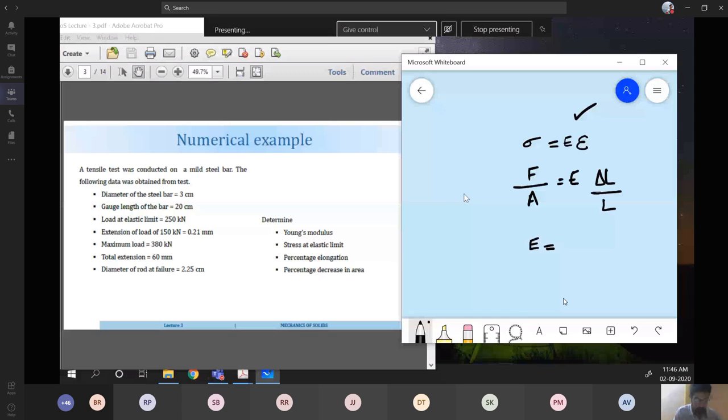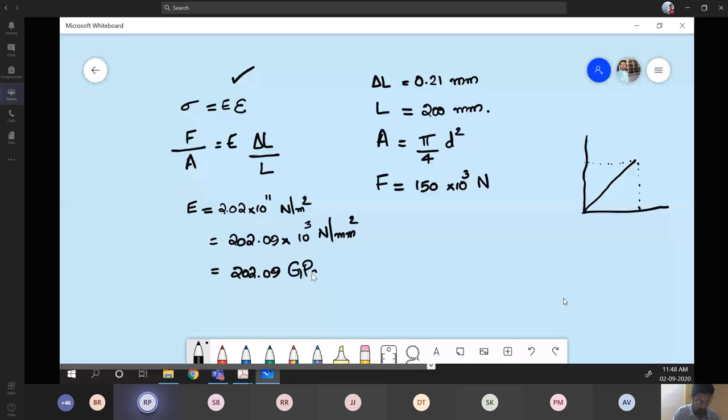Just convert that megapascal into gigapascal. And what about the other answers?